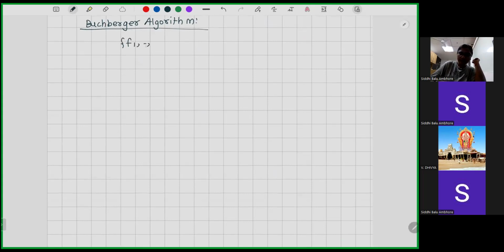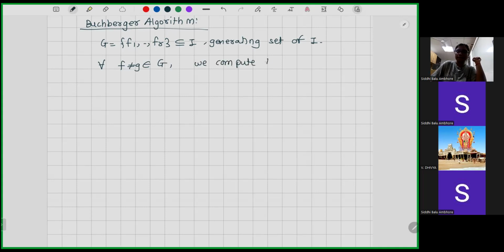We again start with a generating set of I, let us say G, and then for all F not equal to G in G, we compute the remainder of S(F, G) by division by G, again in any order.